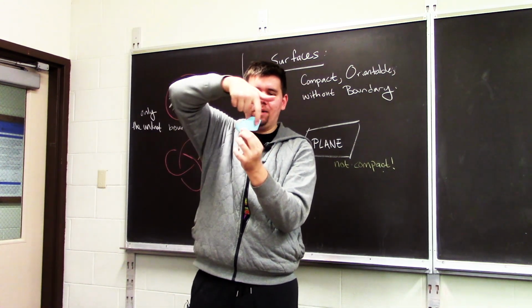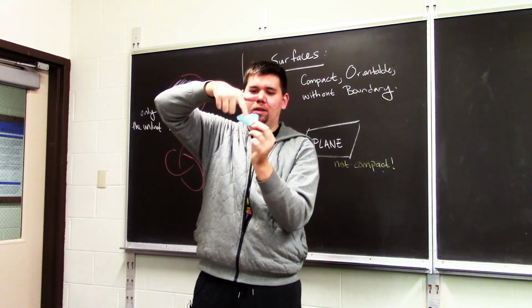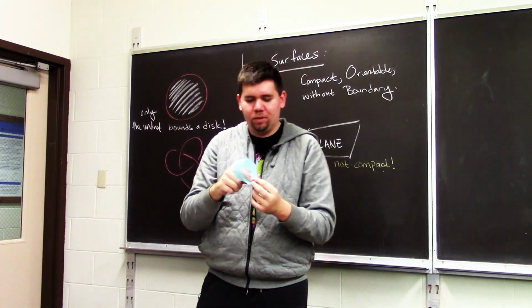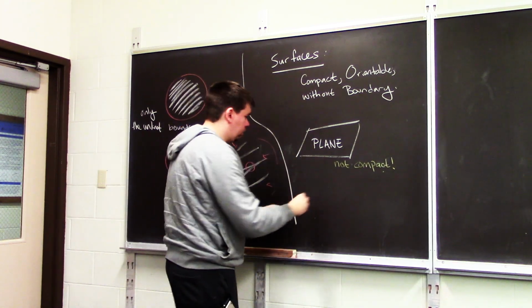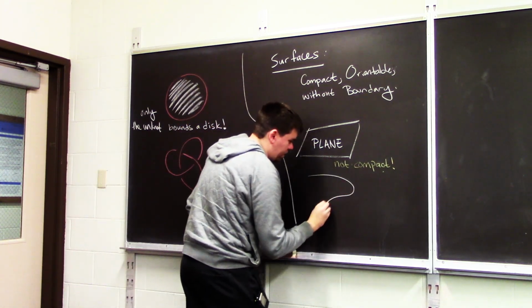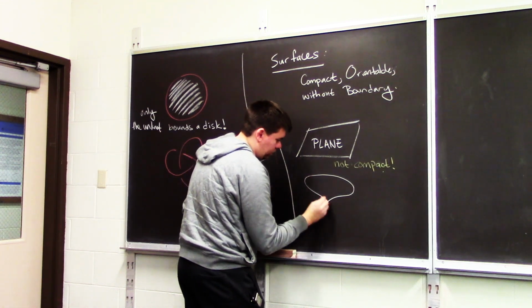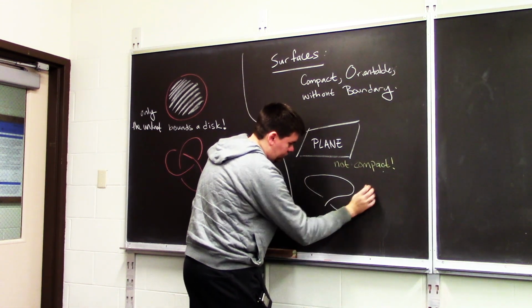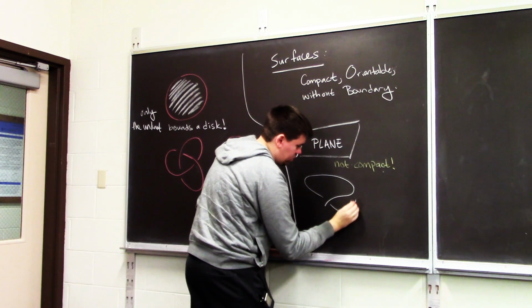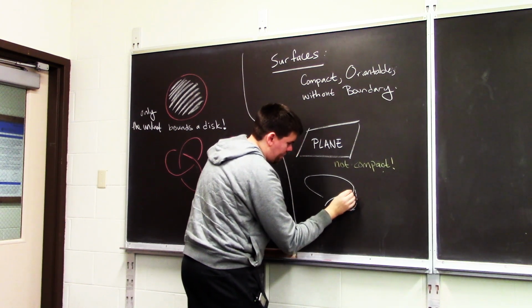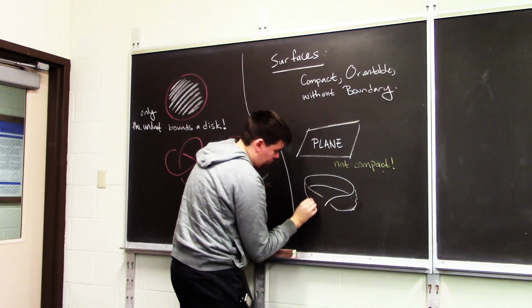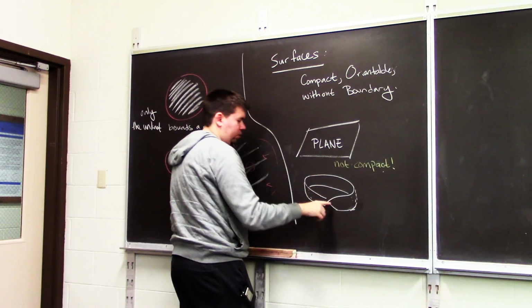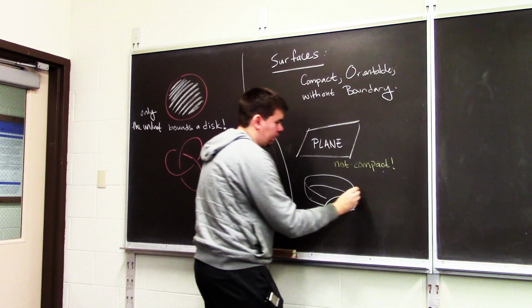If you trace around it with your finger, you find yourself on the opposite side. So it's one-sided, it's not orientable. You can draw a picture of the Mobius band like this. We just gave it a little half twist. So it's just like a cylinder with a little half twist. This is not orientable.